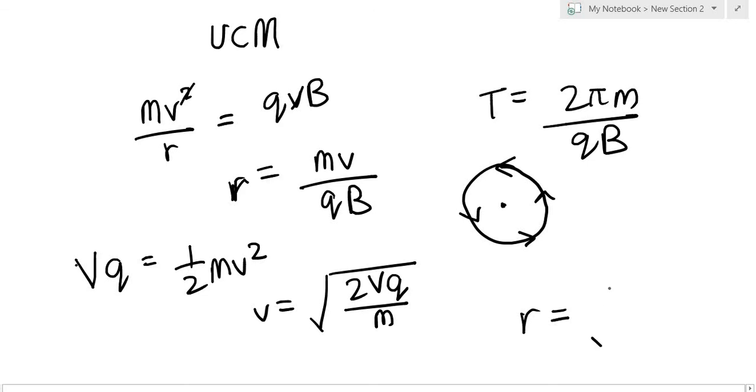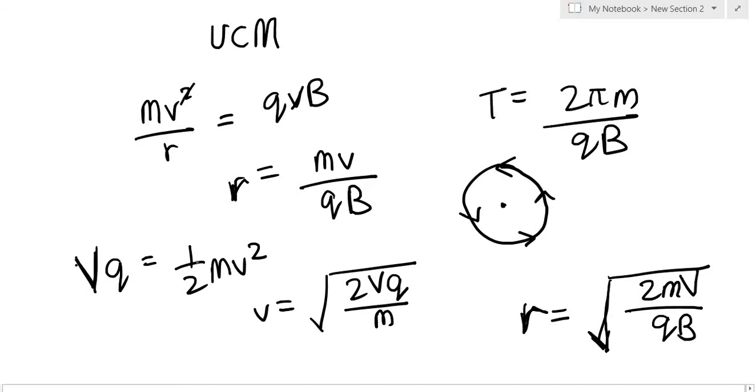Radius will then finally, after some term shifting, be root of 2m times the accelerating potential over qB squared. So these are the important types of questions they might ask in MCQs. If they're accelerated under the same potential, their kinetic energy will increase because they're being accelerated, right?